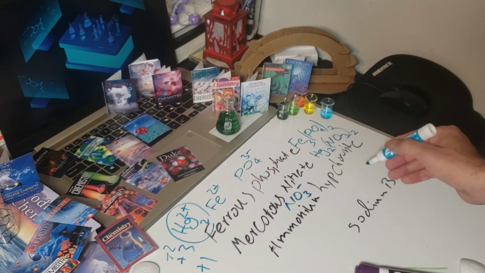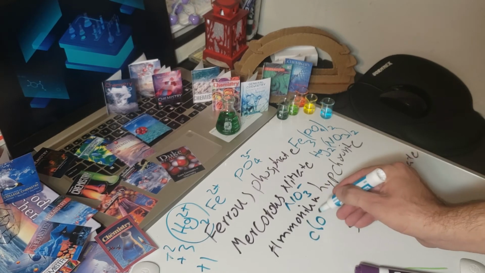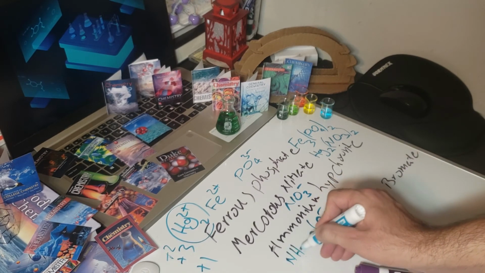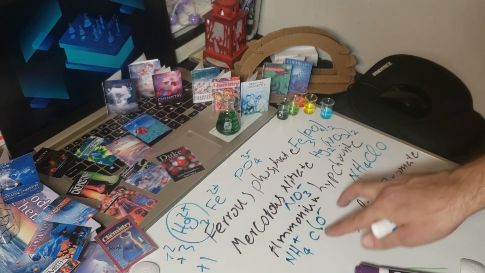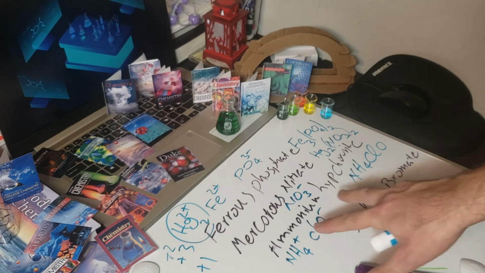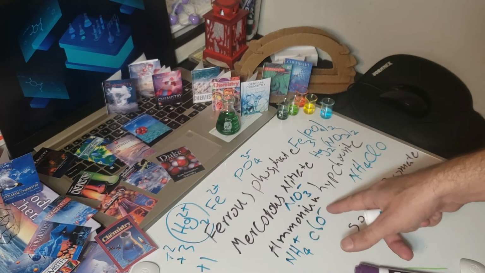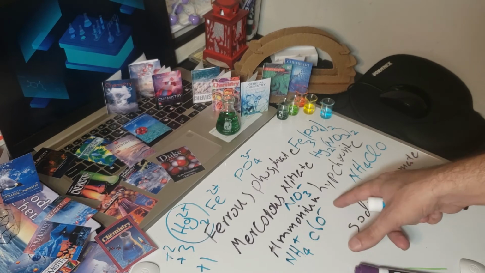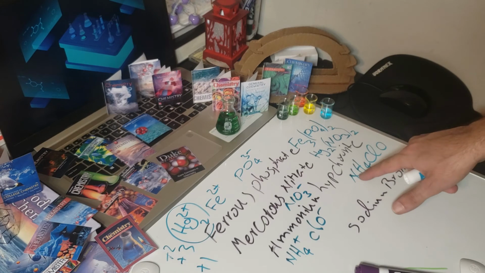Ammonium hypochlorite. Hypochlorite is ClO minus. Ammonium is NH4 plus, and I do NH4 ClO. And if you have same charges, no matter what, if it's +3 and -3, or +4 and -4, or +2 and -2, or like here +1 and -1, it's just going to cancel out, so you don't need to do anything.